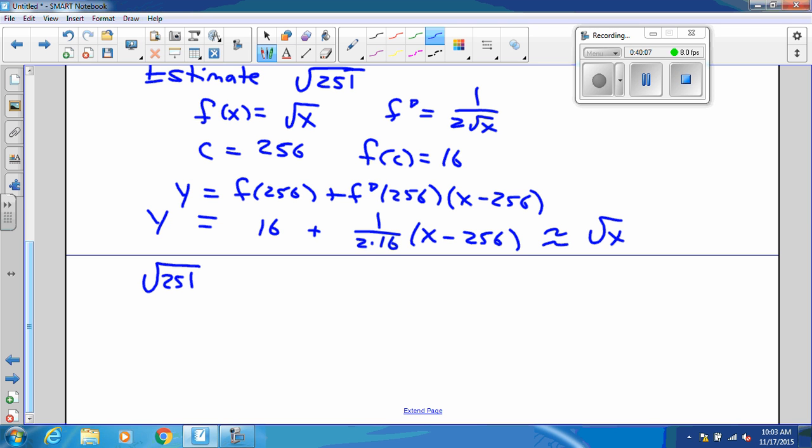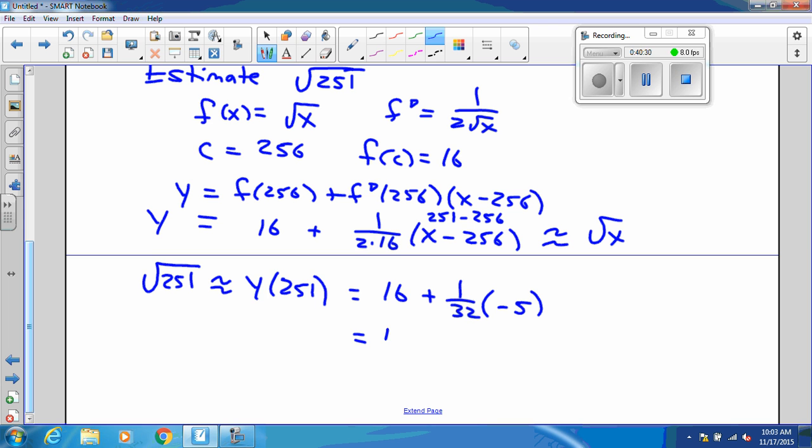So I can estimate the square root of 251 as approximately y of 251, which would be equal to 16 plus 1 over 32 times, now watch this quantity right here, 251 minus 256. I can rewrite that as negative 5, right? And so I get 16 minus 5 over 32.